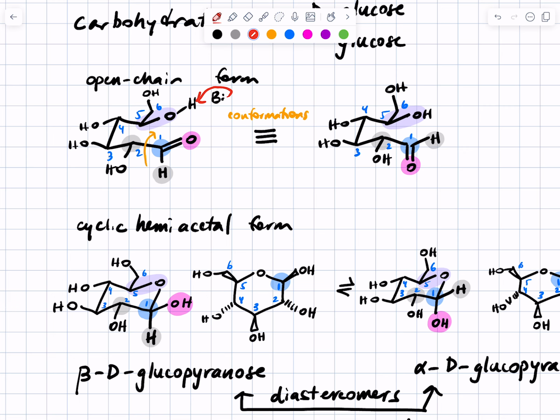Then the electrons on the negatively charged oxygen can attack the carbonyl carbon, break the carbon-oxygen pi bond, and then, lastly, proton transfer again to get the neutral pink OH group. You can draw it this way, you could draw it stepwise. I've even drawn it, I think at one point in your notes, with a single water molecule mediating all of that. All of those options are okay. But this is how you close an open chain form to a closed chain form.